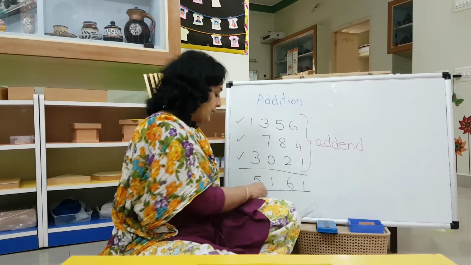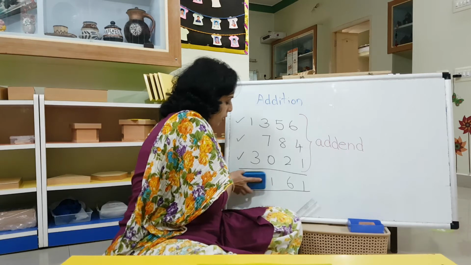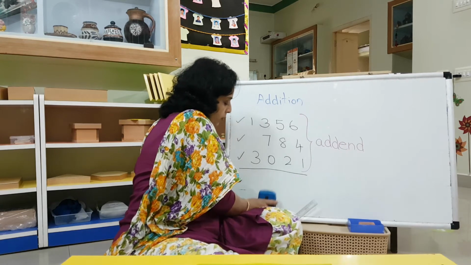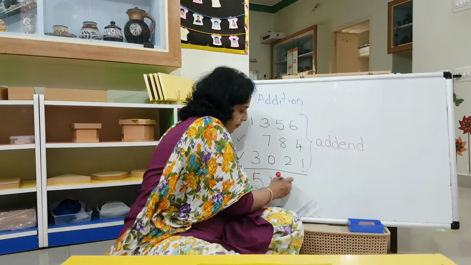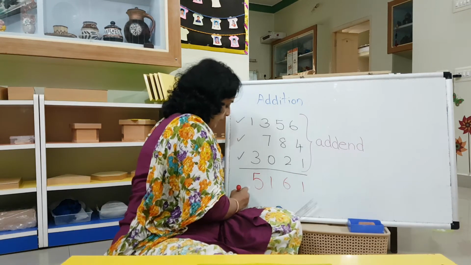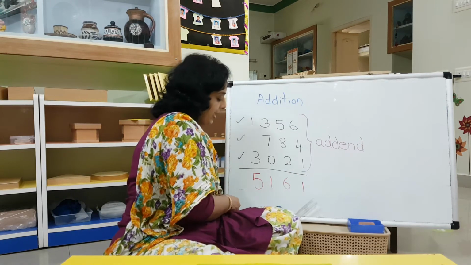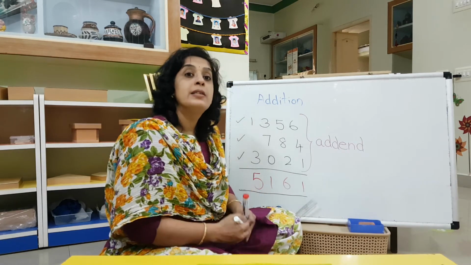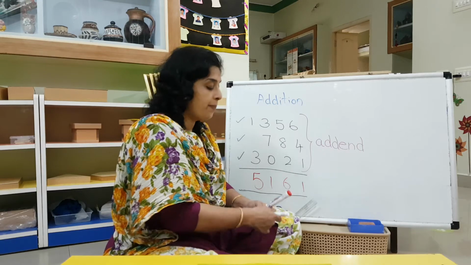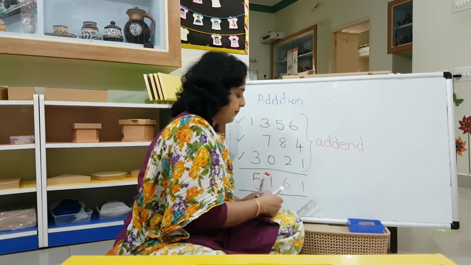and what you get here, the result, is called the sum. What is the result? Here you got 5161, right? This result is called the sum. See if you can read it.